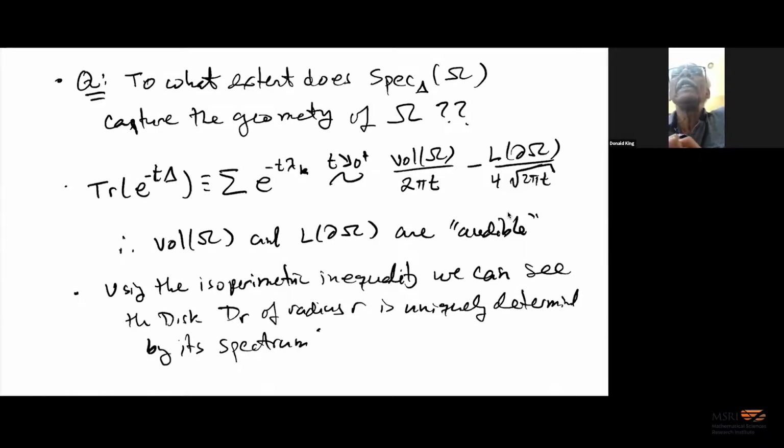And we find that it has a very interesting asymptotic behavior in which the two lowest terms involve the volume of omega and the length of the boundary of omega. So this is the case in which we're getting important information about the physical situation from the terms in this asymptotic expansion, the so-called heat trace.